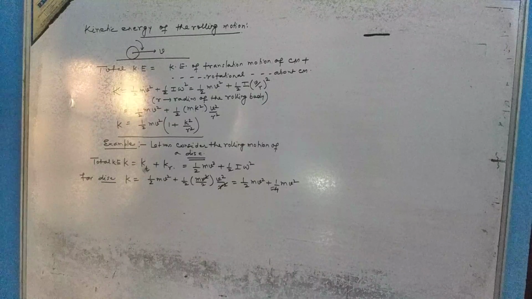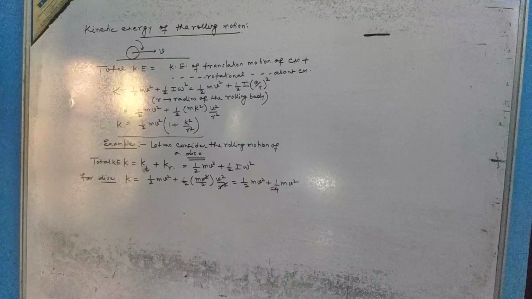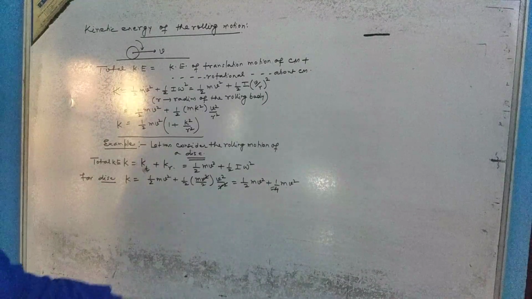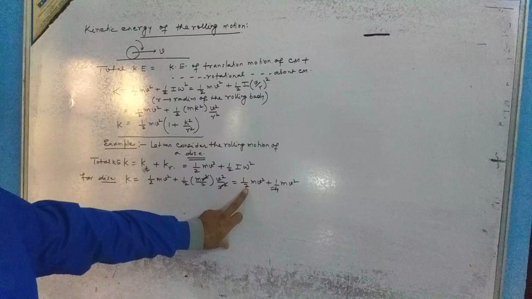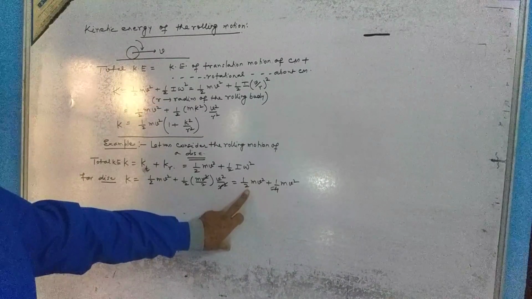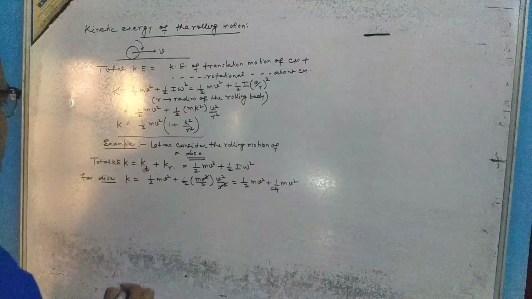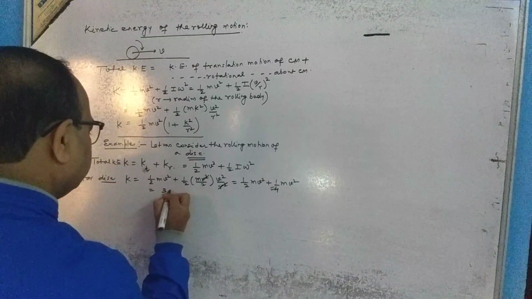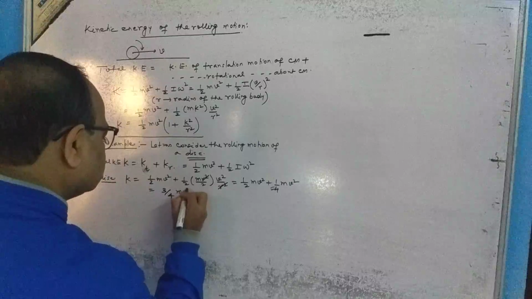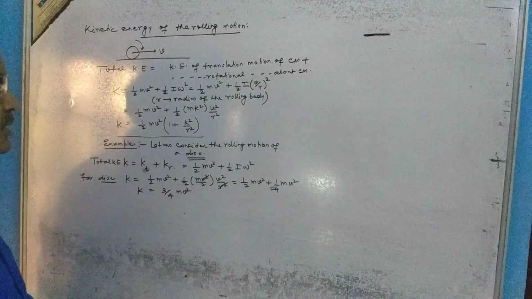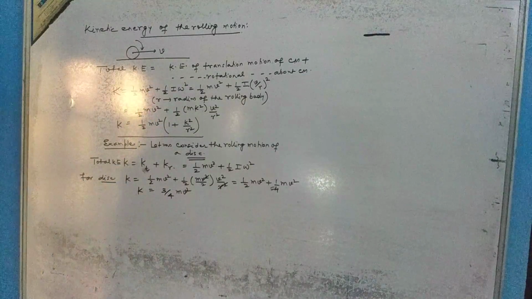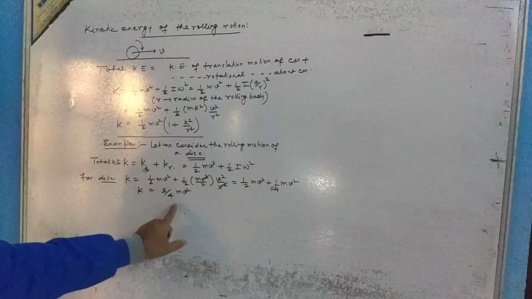That means it is 1 by 2 and 1 by 4, so these two make 3 by 4 mv square. Is that clear? 3 by 4 mv square is the total kinetic energy.